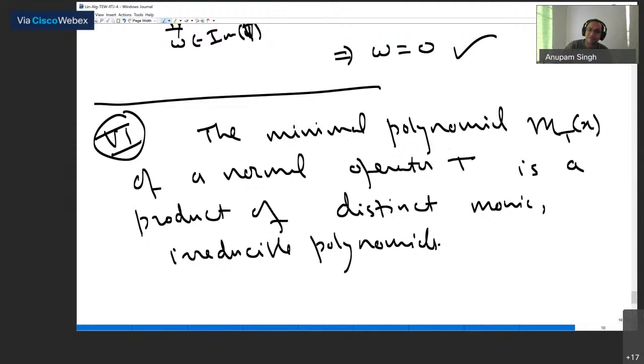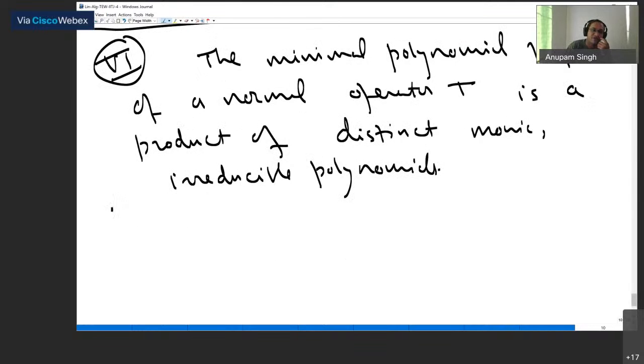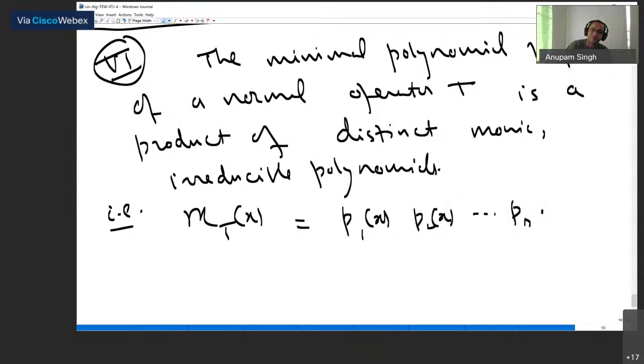This means that if you factorize m_T(x) as a product of irreducible polynomials p1(x), p2(x), up to pr(x), then there are no powers here. I mean, the power is always 1.